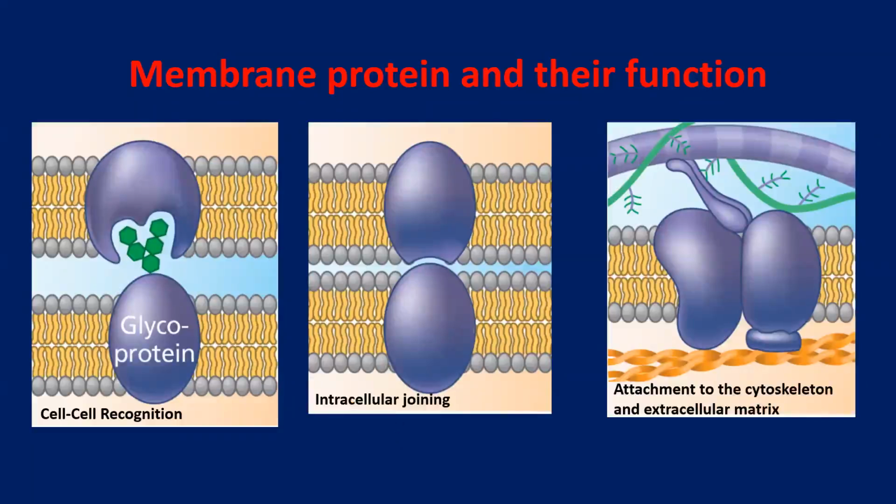Then you have the fifth class, called intercellular joining. In this particular class of protein, the adjacent cells may hook together in various kinds of junctions.